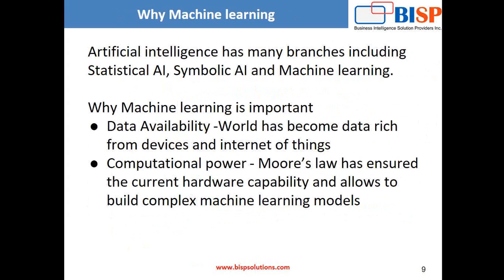Why is machine learning important? It is important to understand the world has become data rich. Why has the world become data rich? There are a few reasons. One of the reasons is the internet actually started around 93, 94. People started using the internet, browsing, and buying from the internet.